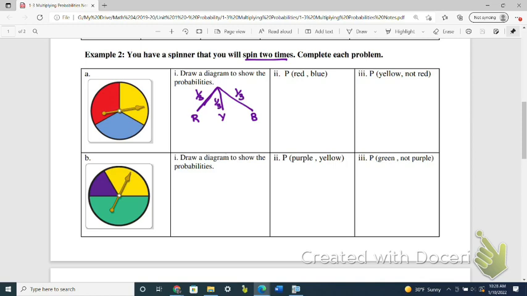And then from each of those, I can spin red, yellow, or blue. And they each have a 1/3 chance of happening.